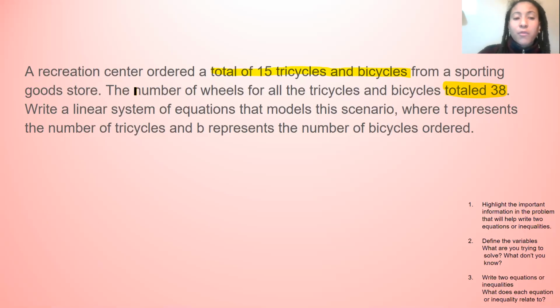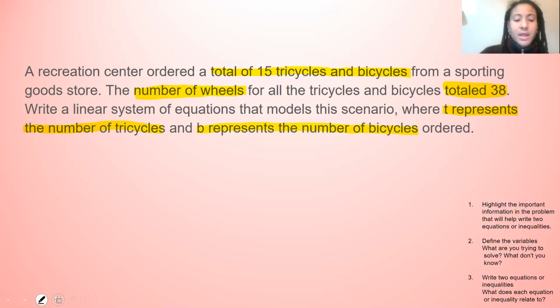The number of wheels for both the tricycles and the bicycles. Okay? Then we also have T represents the number of tricycles and B represents the number of bicycles.